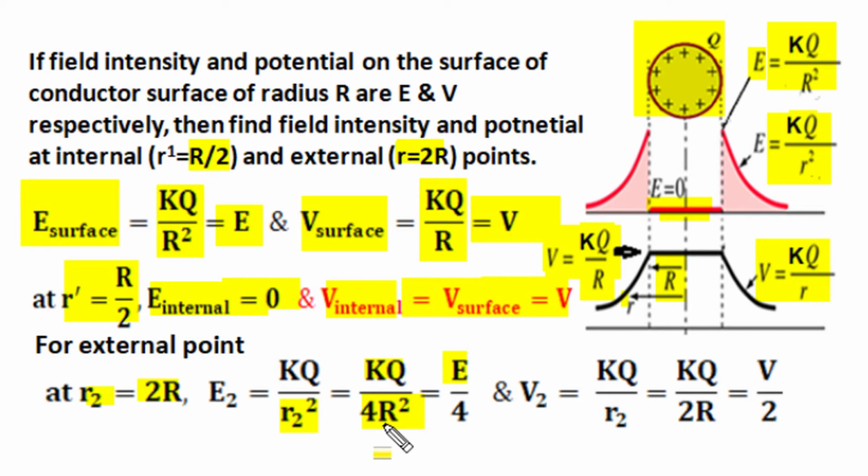So from the surface value, at 2R distance from the center the electric field becomes 1/4. If this distance was 3R then it will become 1/9th as per the inverse square relationship. Similarly, potential has an inverse of distance relationship. At 2R distance the electric potential becomes half of the surface value, V/2, and if the distance is 5 times capital R from the center, the potential will become 1/5 of the surface value.